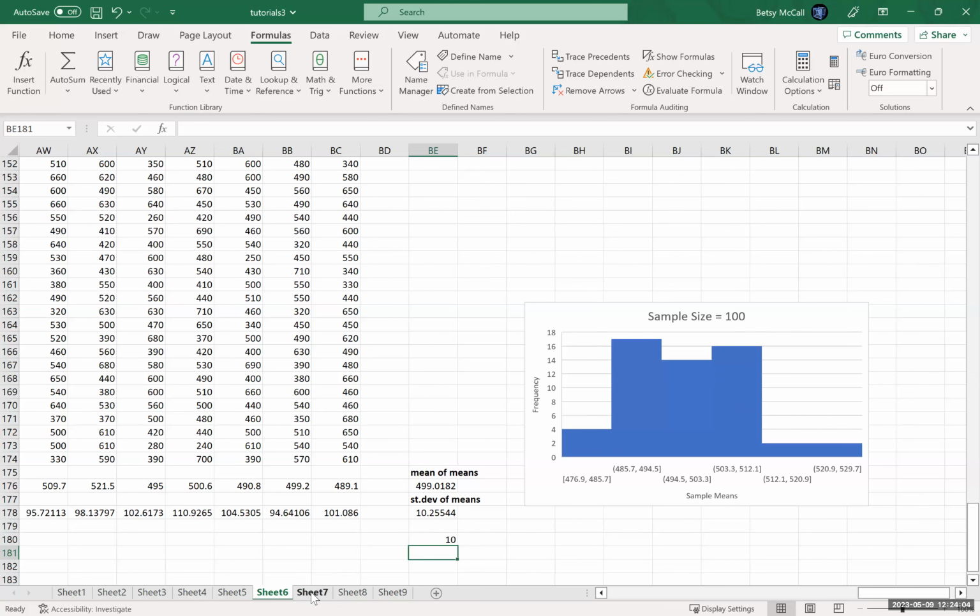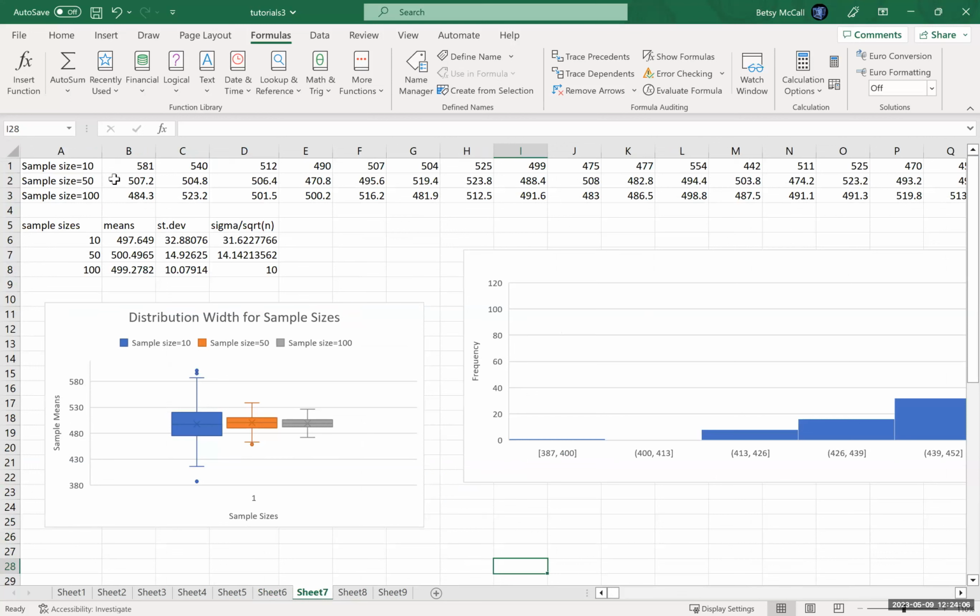And so what I did in my next sheet was I actually copied a particular stage of the simulation, so that my numbers wouldn't keep constantly updating, so that they're fixed. And I made lots and lots of copies of each of my sample size 10, sample size 50, and sample size 100 for just the means.